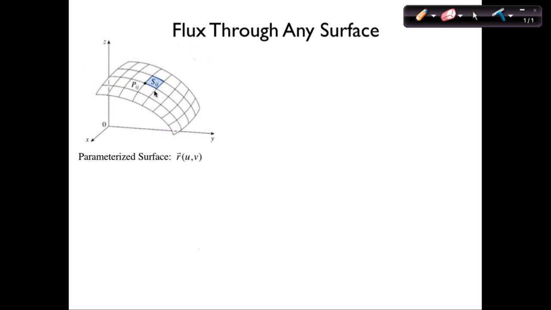And so again, we're in a varying vector field. So we got to partition this thing up. And we're going to look at one typical element here. So this is one typical element on the surface in our partition. So I call it Sij.